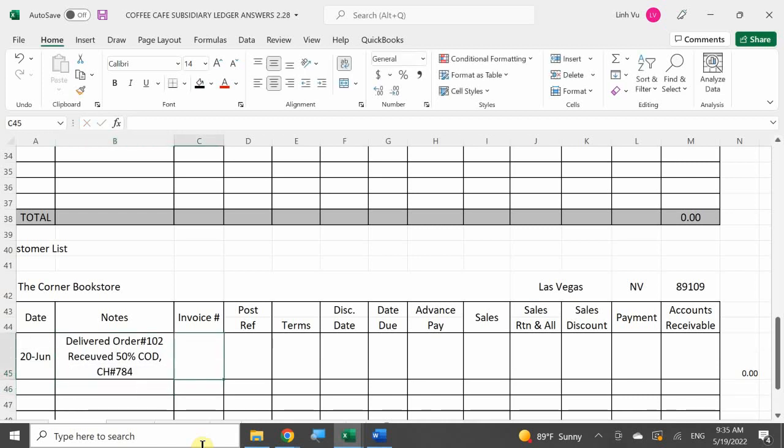Okay. Invoice number 102. Post reference. General Journal, page 8. Terms, we gave them 50% COD.